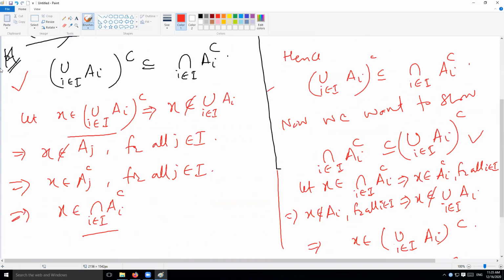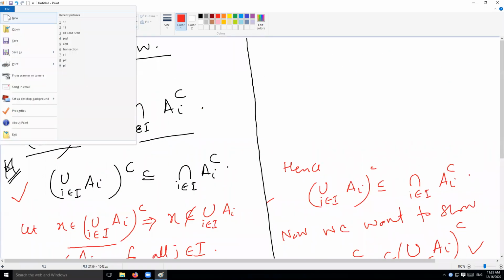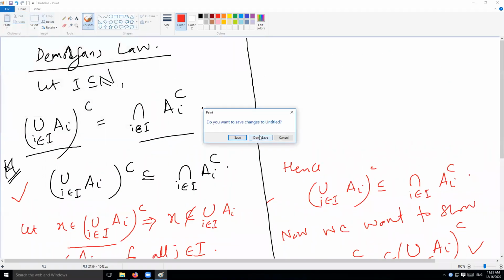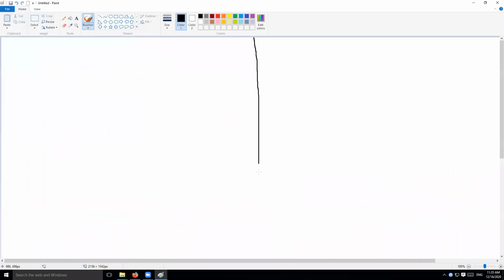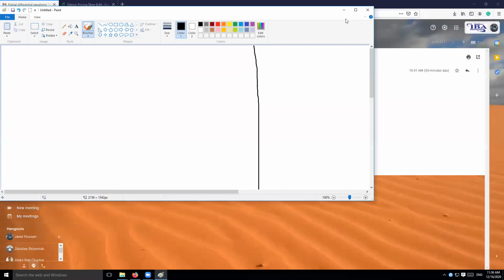Okay? What I want, let's do another example. Let's prove, say, the generalized distributive law. Okay, so generalized distributive law.